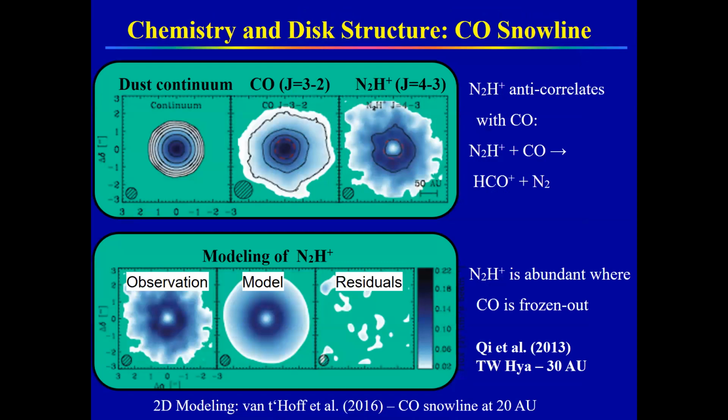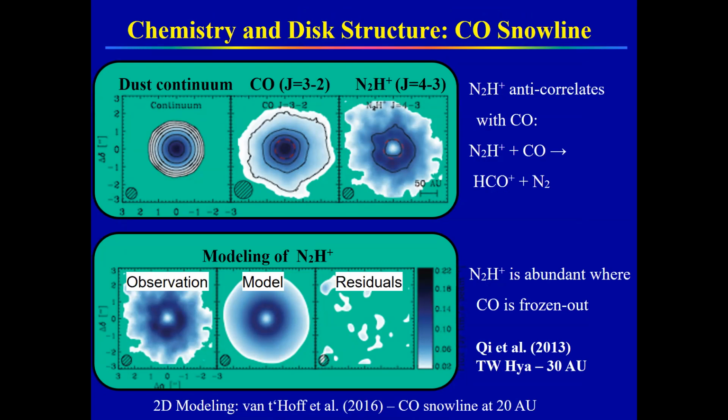Just to give you one idea what we can do with chemistry, I show you a comparison of the dust continuum emission in the upper panel, and then you see the CO emission and the N2H+ emission. And you see that N2H+ is actually anti-correlated with CO. And the reason for that is that N2H+ reacts with CO and forms HCO+.